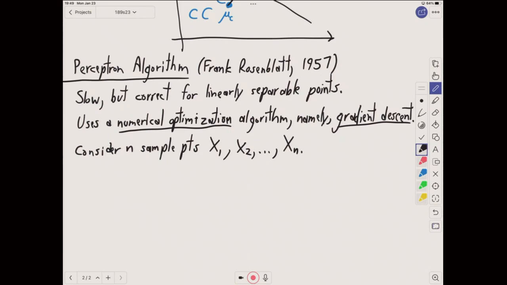So when I use a subscript here, I'm picking out a specific row of X, representing a specific sample point. But then just to confuse you, when I pick it out, it becomes a column vector. So all those X1, X2, and so on, assume that they are column vectors.